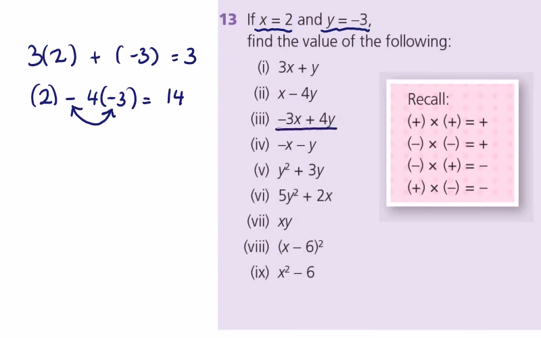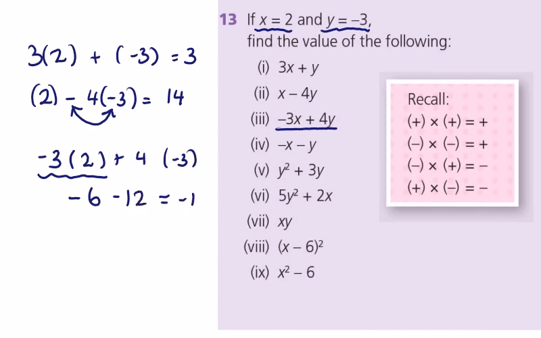So they're putting minus signs in. This is the challenge. Can you deal with them? Minus 3 times x plus 4 times y. Put my 2 in for x. Put my minus 3 in for y. And both of these sums, this is just 1 minus. So we're going to get 3 2s are 6 with 1 minus. And then 4 by 3 is 12, and it's again 1 minus. Minus 6 minus 12, minus 18.